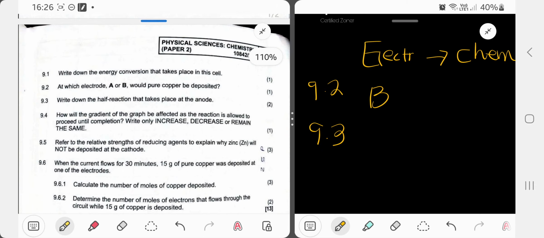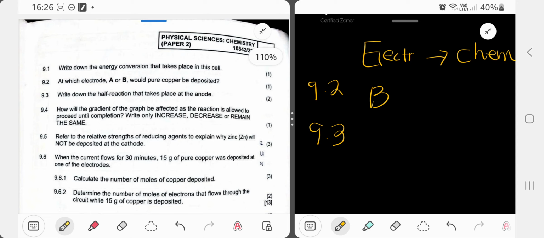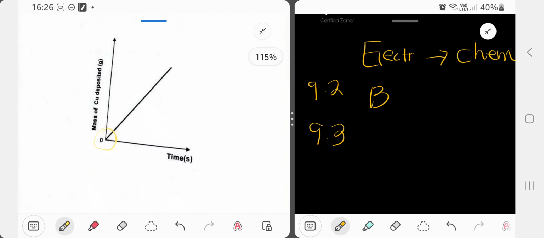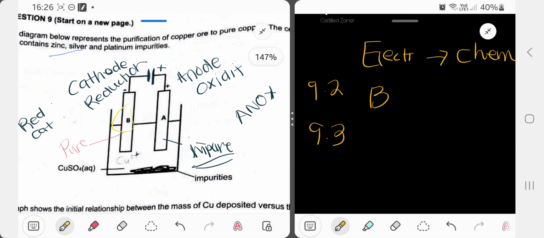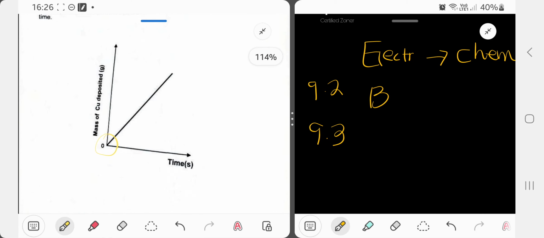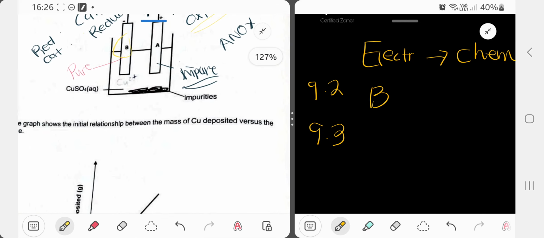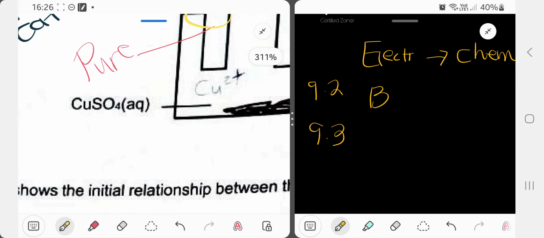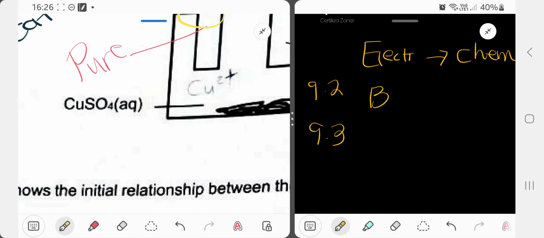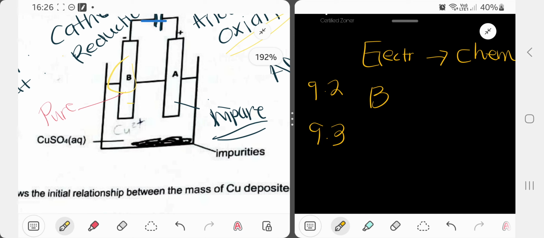So let's go to 9.3. It says, write down the half reaction that takes place at the anode. Remember, at the anode we are going to have oxidation. So let's understand something here. We have copper electrodes. Both of them are copper.